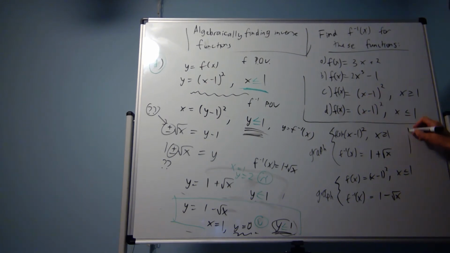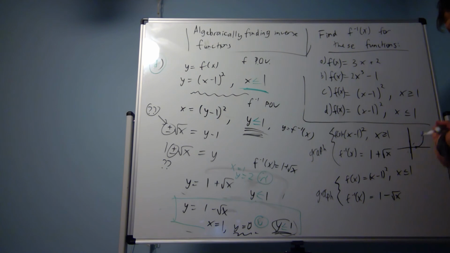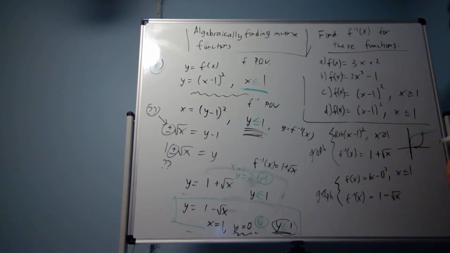So I can do a super duper quick sketch. X is bigger than or equal to 1. You get a parabola like this, and then 1 plus the square root of x. Here's the axis of symmetry. I've been doing green for the other ones, so sure, it'll look like this. It's really nice, right?